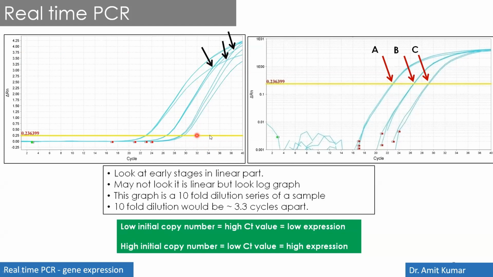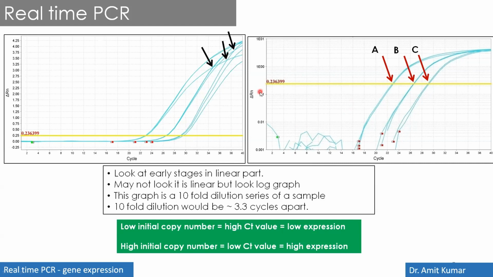If you keep your threshold limit around here, it will not tell you the exact copy number present in the initial sample, because if the ingredients are used up in the first reaction, it will come into the plateau phase at a much earlier stage than the other reaction. So it is important to keep the threshold line in the linear phase of the exponential graph.